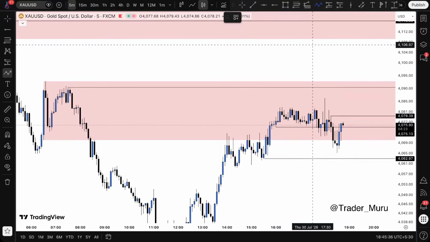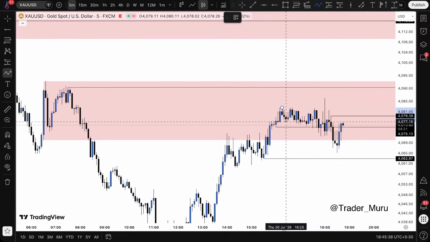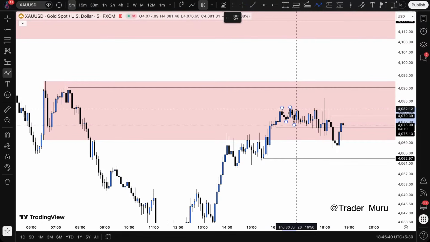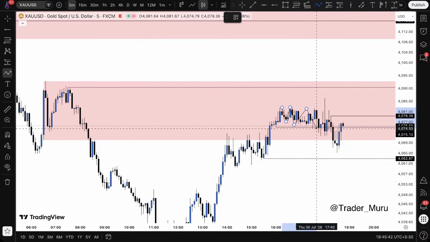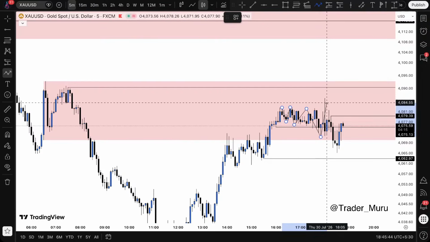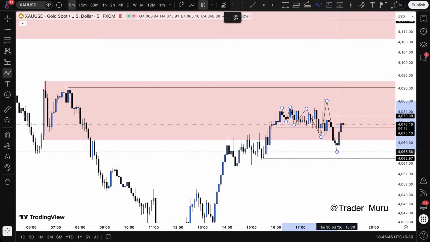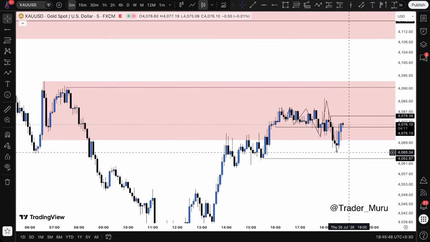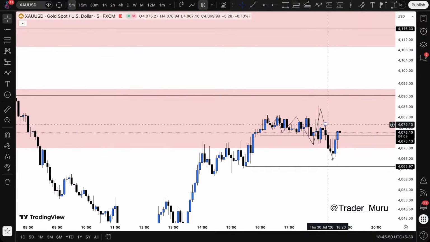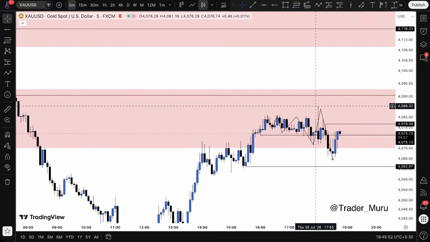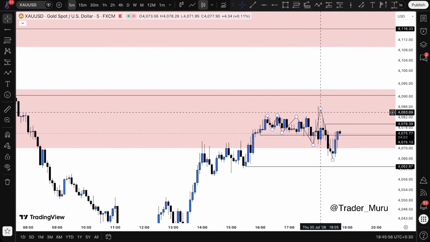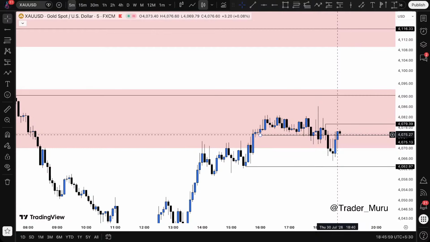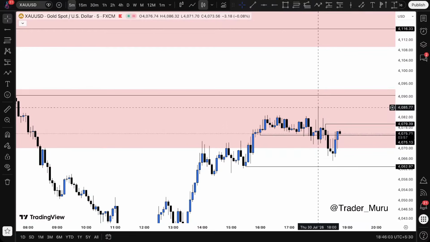Price is running in a downtrend. This is lower low, lower high, lower low, lower high, again the lower low. This is the lower high and this is the new lower low. So even if this high gets swept, this is our lower high right now. This will be a little bit risky, so if you want to enter, make sure to have stop loss.